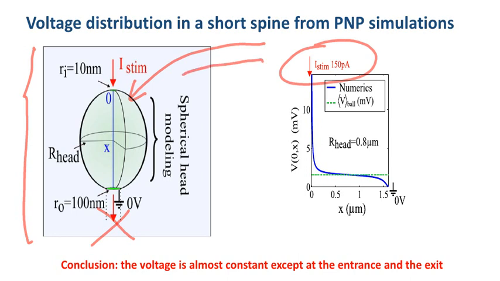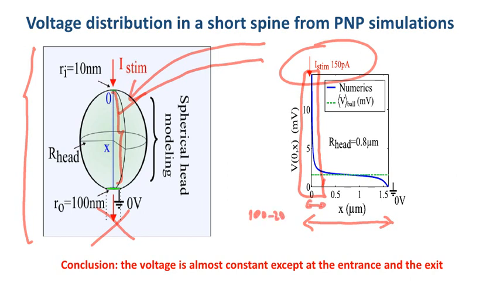We looked at the solution along this axis here, the blue axis, from 0 to R, where R is the radius of the spine head. We found three regions. A region here where there is a large drop of the voltage over about 100, let's say 100 to 200 nanometers, which is quite interesting.